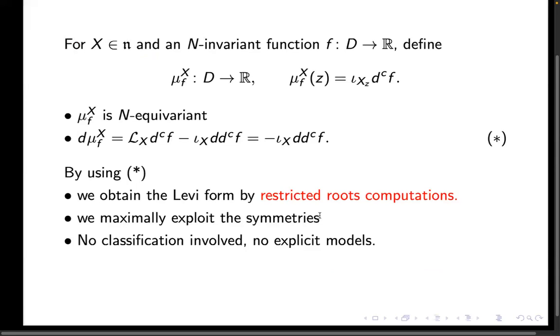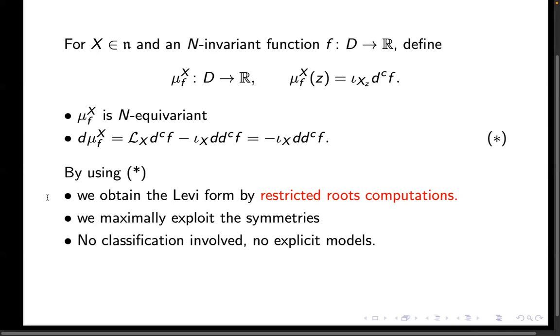And we do it not in coordinates, but using vector fields, and also vector fields induced by the N action. It means that sometimes when we do these derivatives, if the vector fields are tangent to the orbit, the derivatives are 0. So that helps a lot, and especially we avoid using the coordinates.